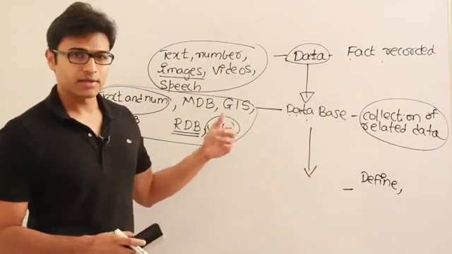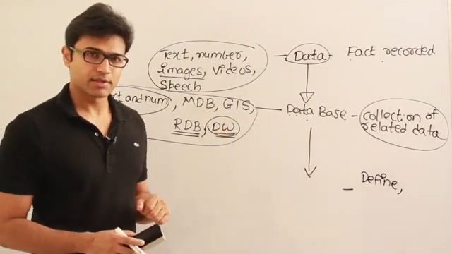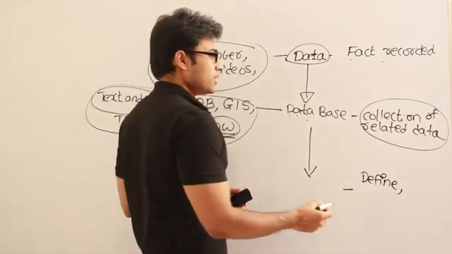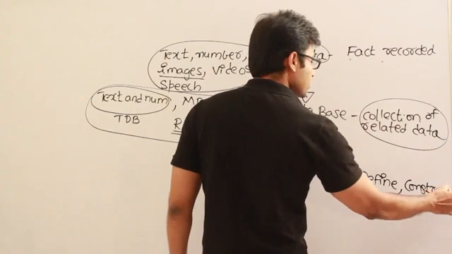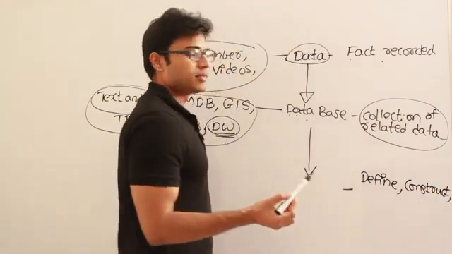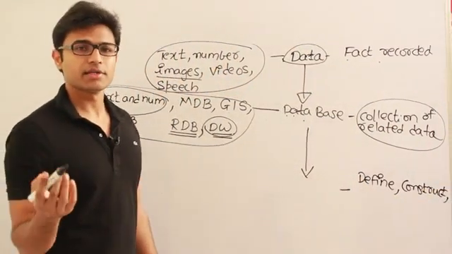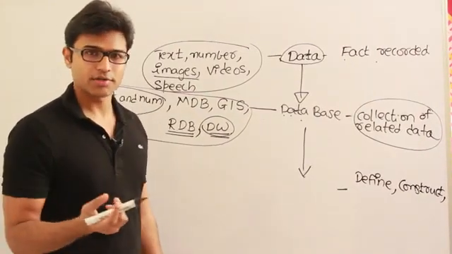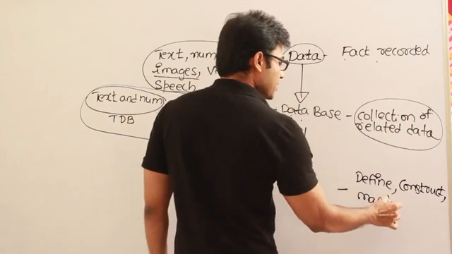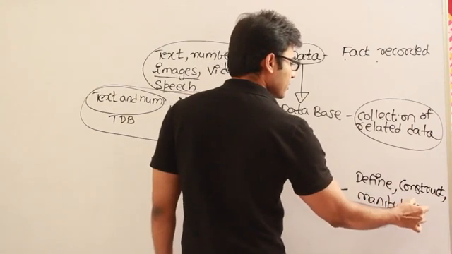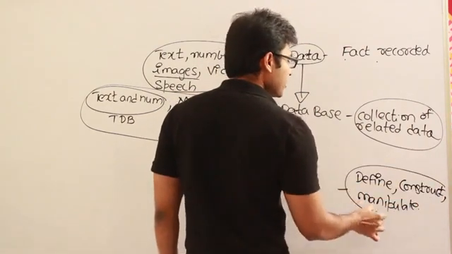You have to define the data which you are going to place in it, and then construct the database using the software. So constructing means how you are going to place the data on the hard disk or the storage device, and then manipulate. Manipulating means adding and deleting data from the database.